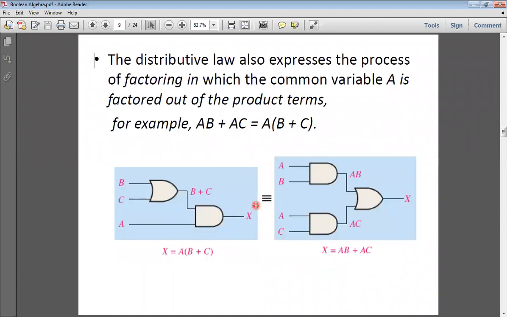And if you notice here, A into B plus C is equivalent to AB plus AC.